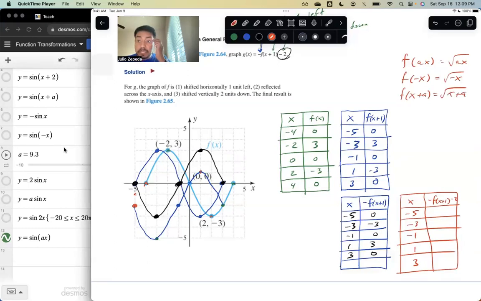So since this -2 is outside of the function, it's going to affect the y values, and it's just going to decrease them by 2. So if we look at these y values here and just subtract 2 from them: -2, -5, -2, 1, and -2. All right, so that's (-5, -2), (-3, -5), (-1, -2), (1, 1), and (3, -2).